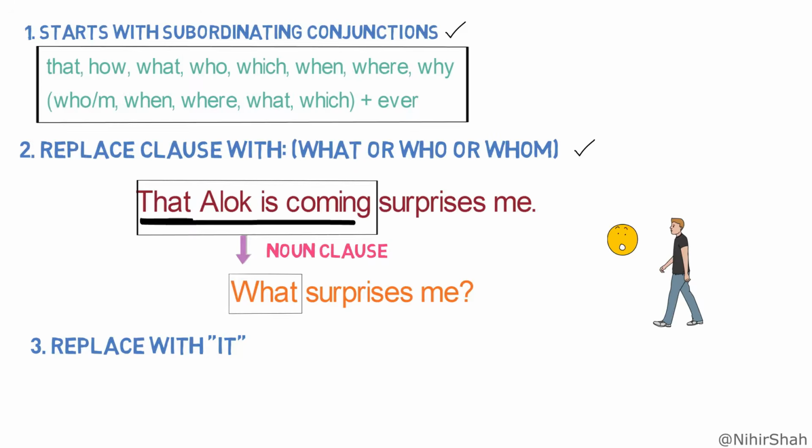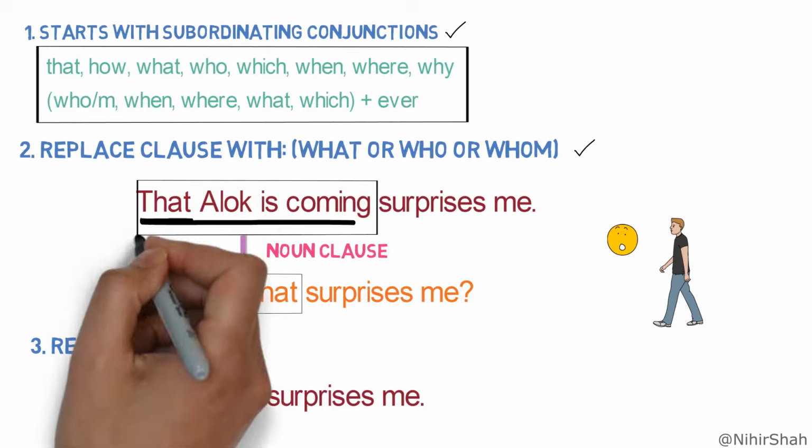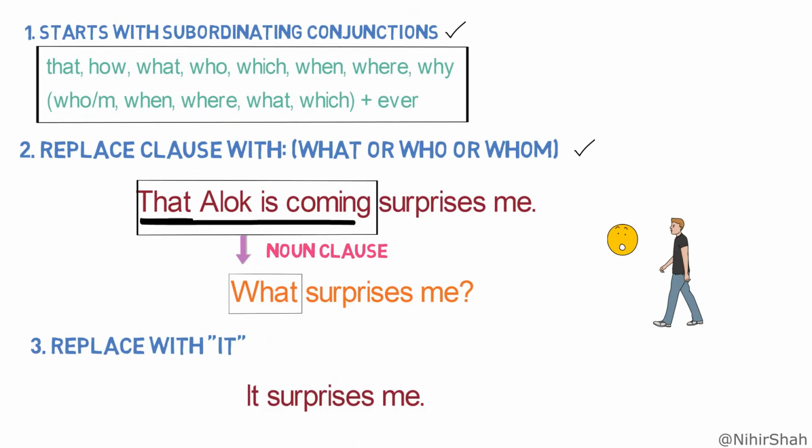So here, after replacing the clause that Alok is coming with the pronoun it, the sentence becomes, it surprises me. As the sentence is making complete sense, we can conclude that the clause that Alok is coming is a noun clause. So these are the steps through which you can identify whether the clause is a noun clause or not.